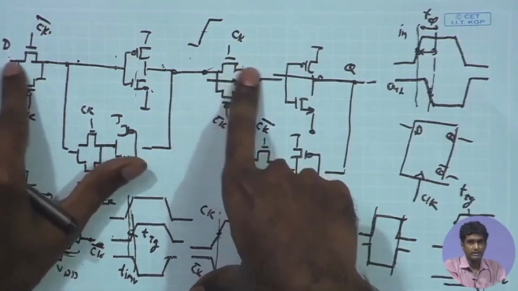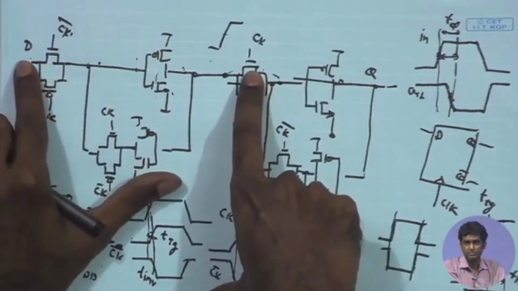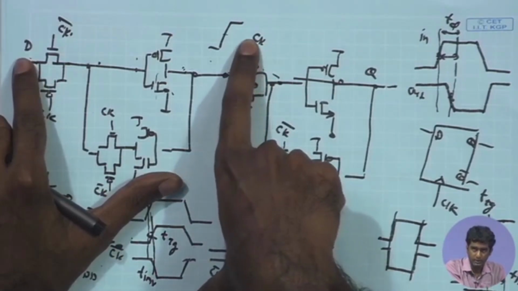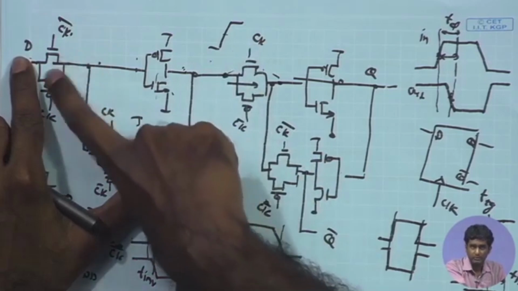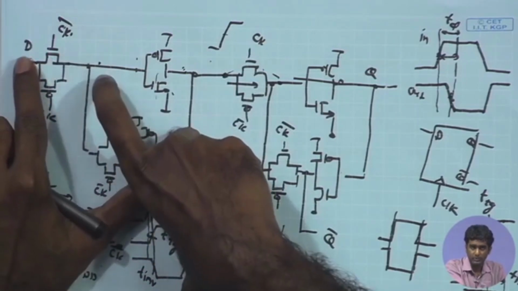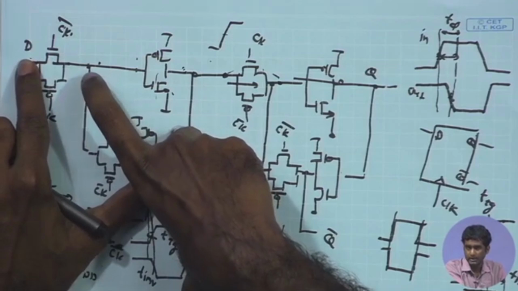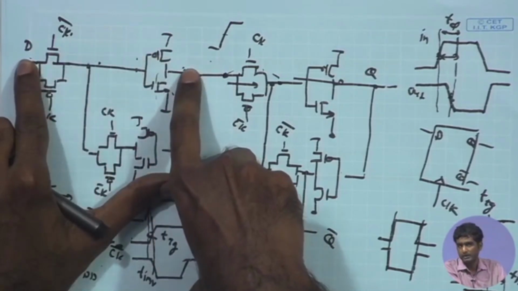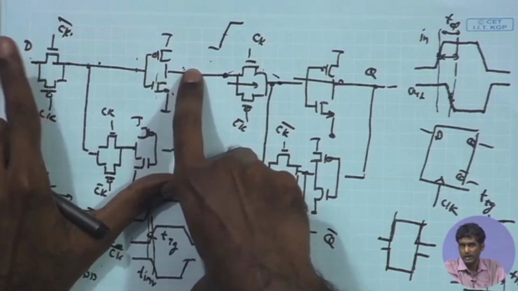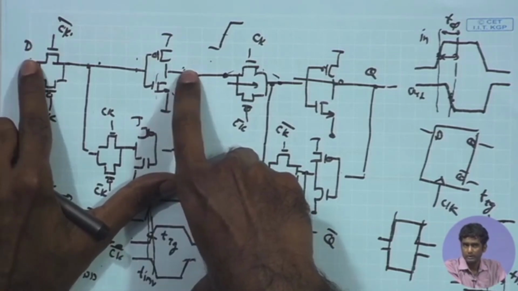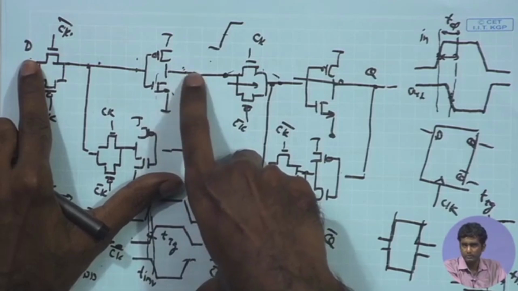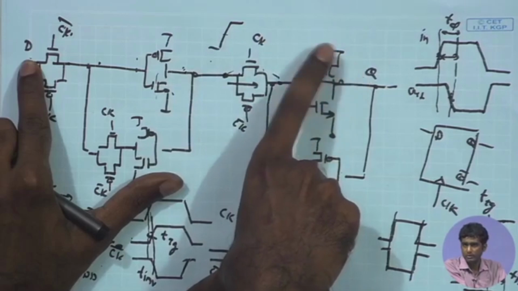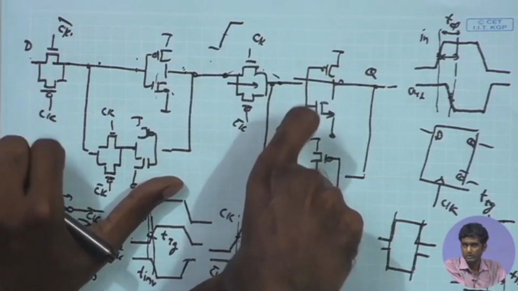But when the data over here itself is changing just before the positive edge of the clock, that means before the positive edge came and this one completely turned off, the data over here flipped the polarity. That means it was expected that this data would also flip the polarity accordingly from low to high. If this was going from high to low, this should also have flipped the polarity from low to high, so that the final data can also be low according to the input.